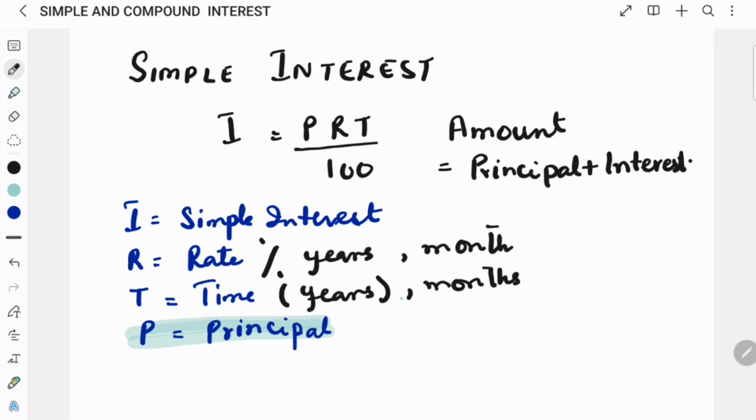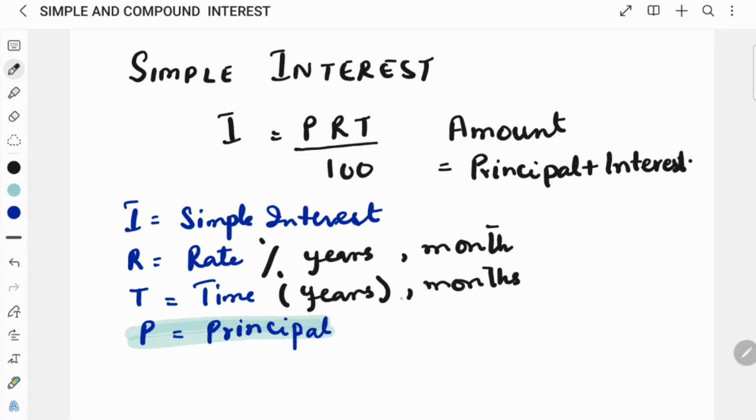Or if you deposit some amount in a bank, then the bank will give you some extra amount, that is the interest. Whenever you withdraw the amount from the bank, you will get the principal and interest together. So the amount is principal plus interest.